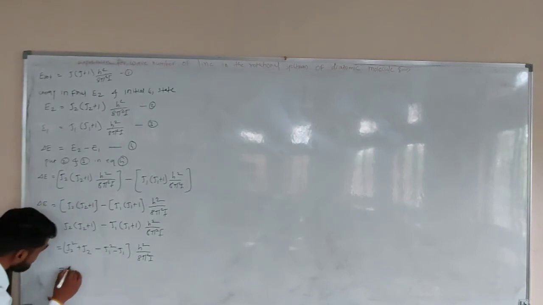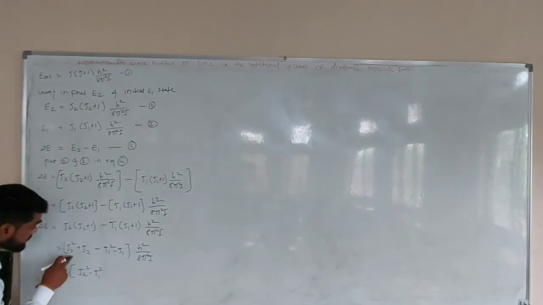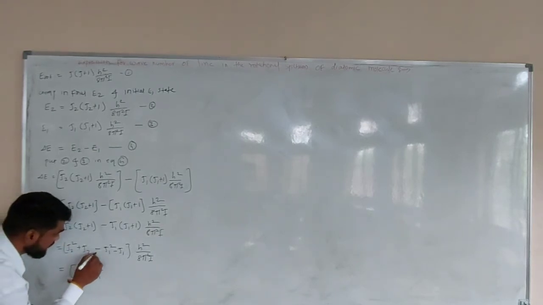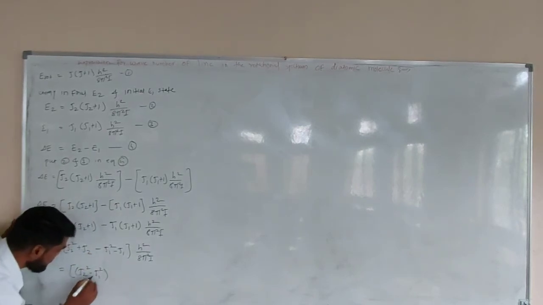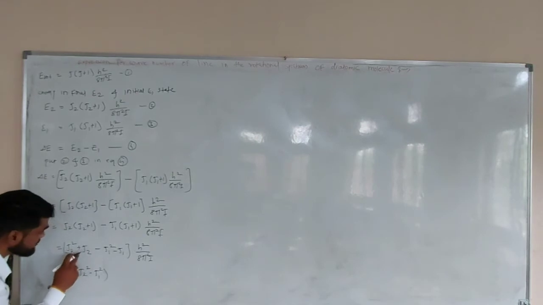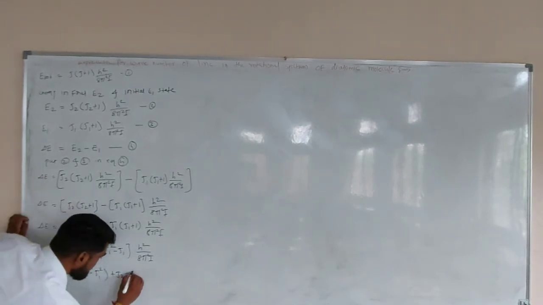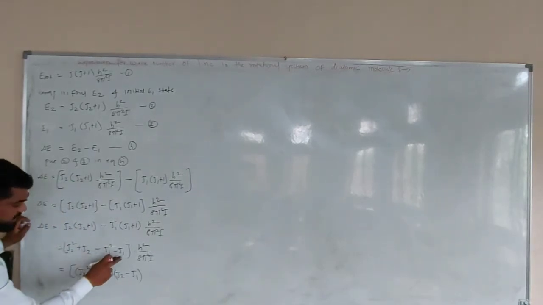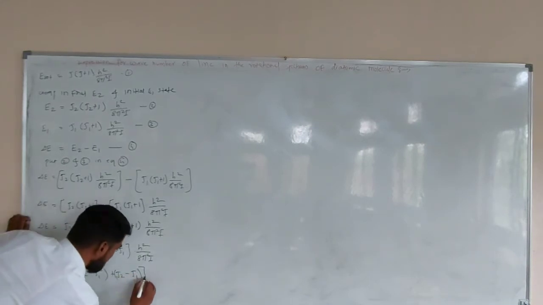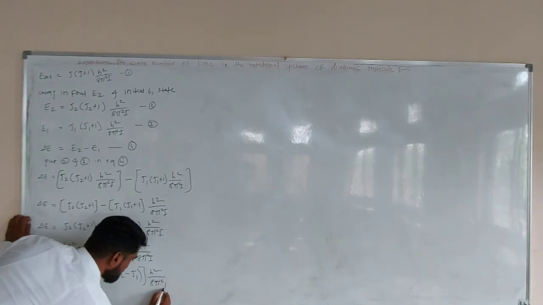That is J2 square minus J1 square, these are your first terms. Then next, plus J2 minus J1, and lastly h square upon 8 pi square I.